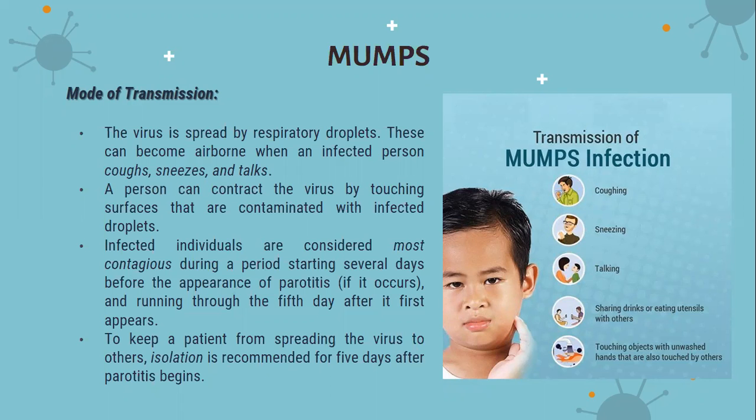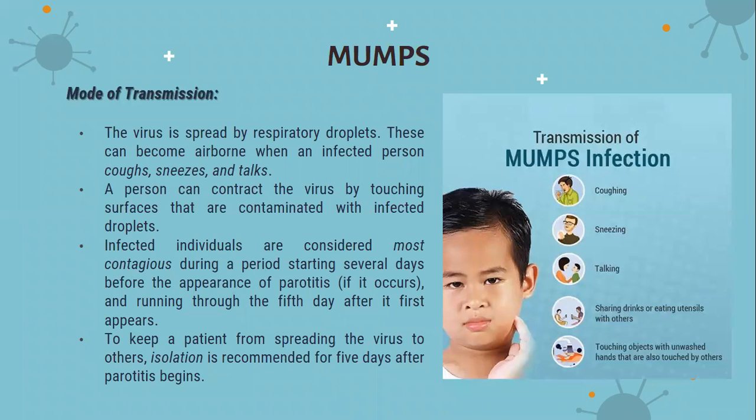So if you know that you are infected with the virus, you should isolate yourself for 5 days after you notice the swelling. You really need to isolate yourself, and stay clean. Cleanliness is the key.